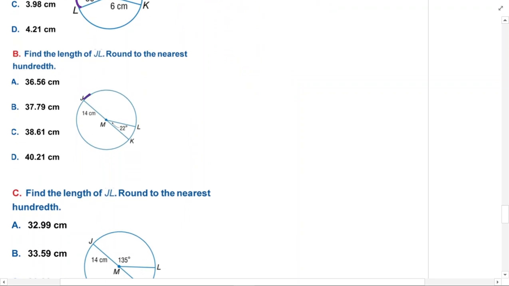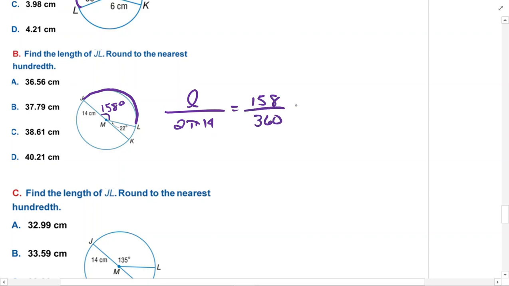We want to find the length of JL, arc JL. So 180 minus 22 gives us 158 degrees for this angle. Multiply both sides by 28 pi.